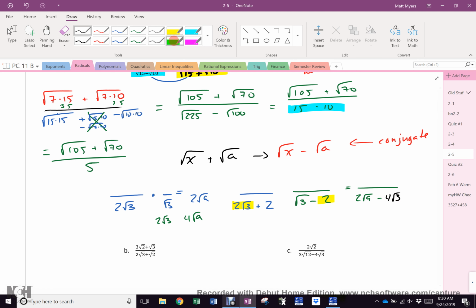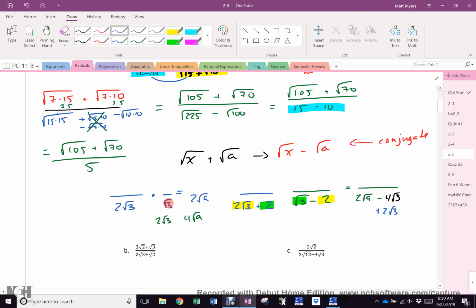And then what is going to happen when I go there to there? I'm going to get plus 2 root 3. What's going to happen when I combine those like terms? Negative 2 root 3. What am I trying to get rid of? Root 3.